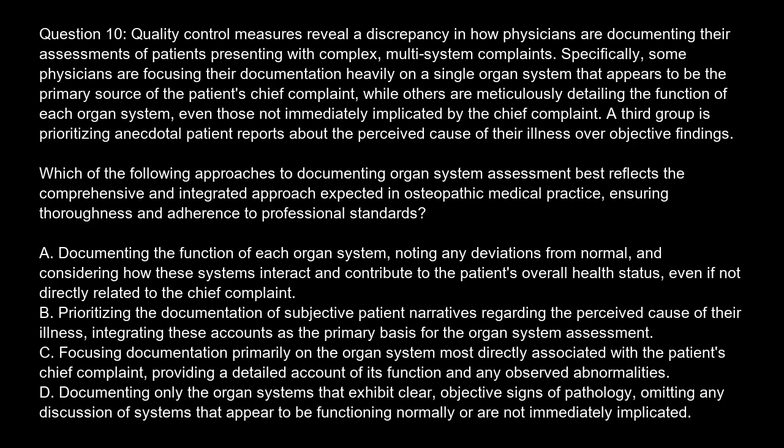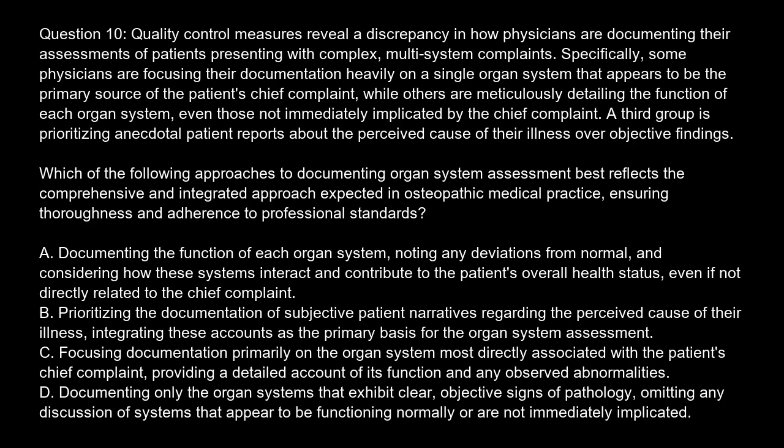Option A. Documenting the function of each organ system, noting any deviations from normal, and considering how these systems interact and contribute to the patient's overall health status, even if not directly related to the chief complaint. Option B. Prioritizing the documentation of subjective patient narratives regarding the perceived cause of their illness, integrating these accounts as the primary basis for the organ system assessment.